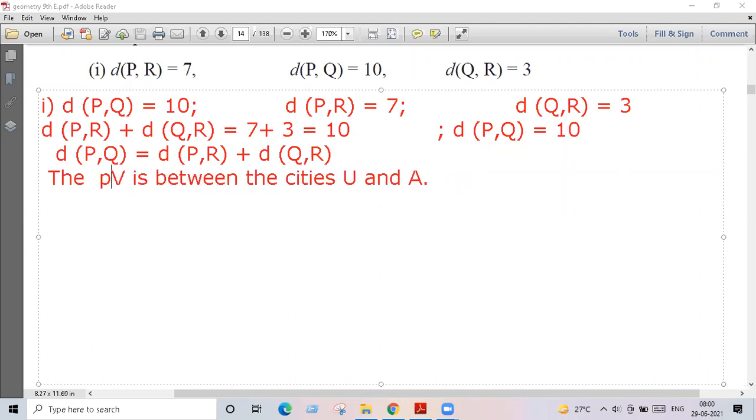Which point? R. The point R is in between the points P and point Q. Okay, it got a bit long, but it's okay.